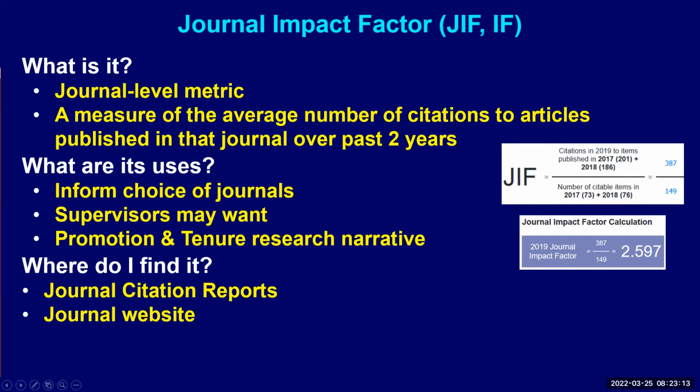Originally, it was developed as a way to help librarians that had finite budgets to spend on journals identify which were the more highly cited journals so they could factor that into their purchasing decisions.